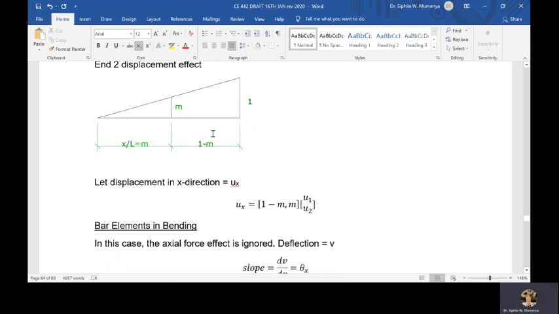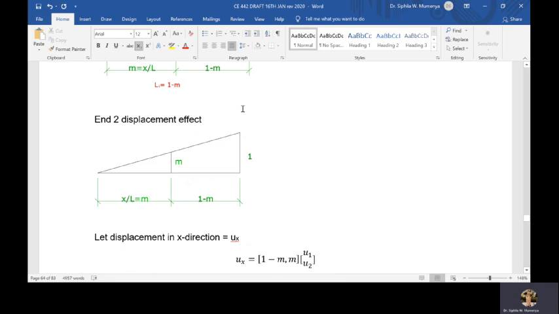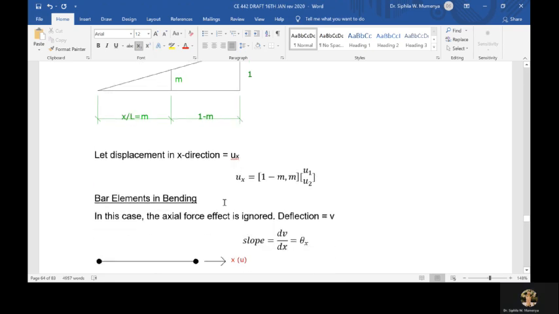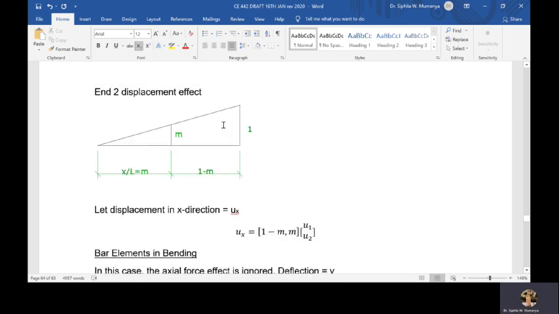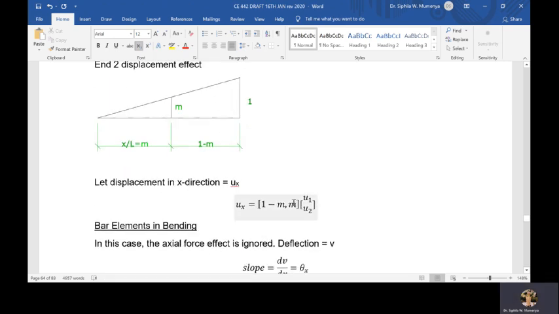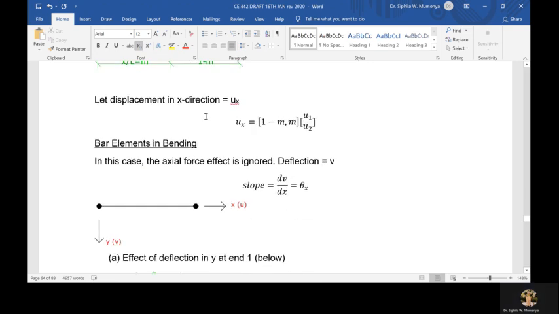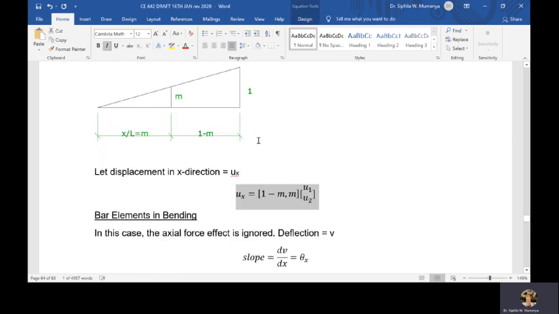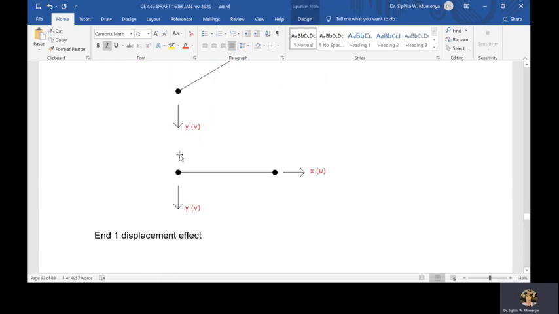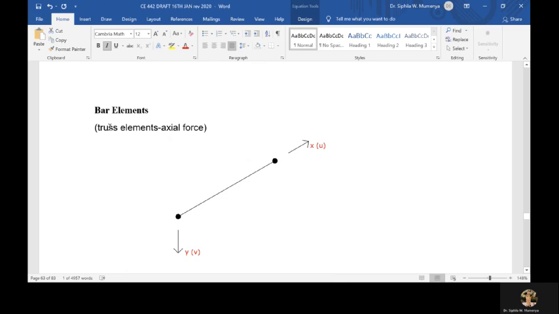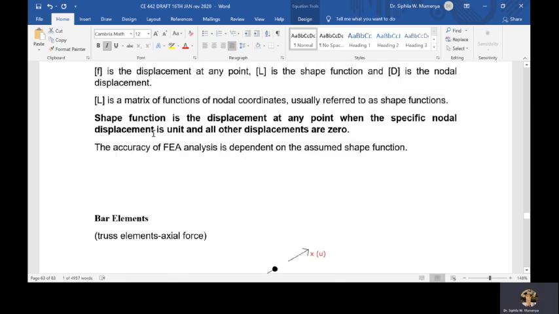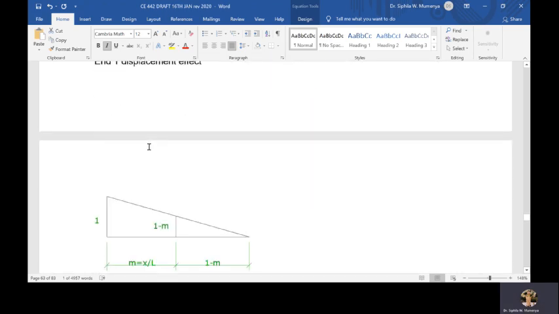And when I give a unit displacement at node 2, then the displacement will be given by m, as a factor of the two displacements at 1 and 2. So this is the relationship for a bar element which has an axial force, as shown, a linear displacement.